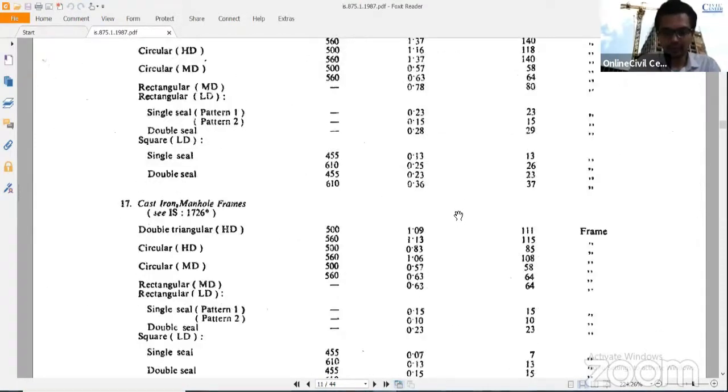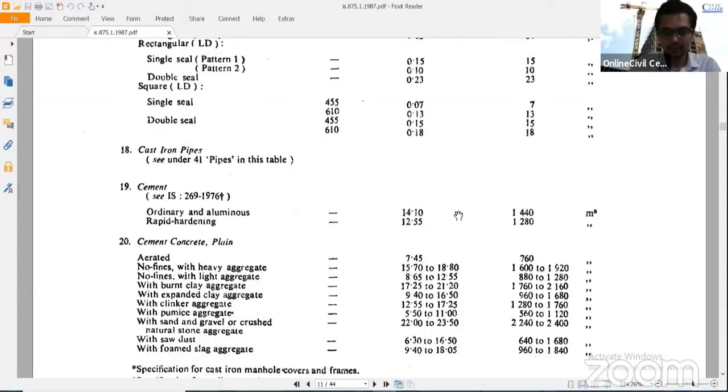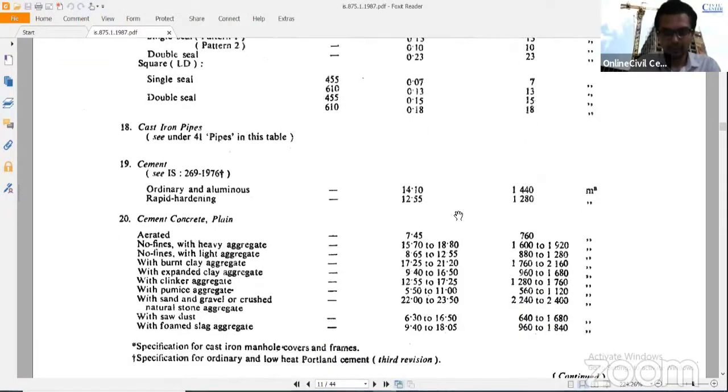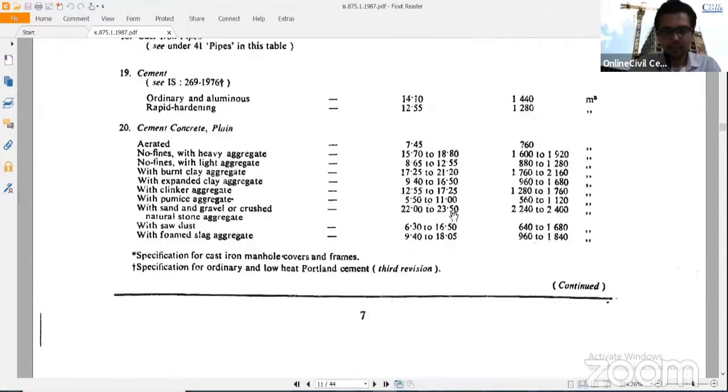Anything related to cement or mortar has been given here, we'll find out. Now here you can see cement plain. So here we will have some options. Here it is given cement with sand and gravel or crushed natural stone aggregate, between the range of 22 to 23.5. So the plain concrete range has been given here. Aerated, non-aerated, everything is given with burnt clay aggregate.